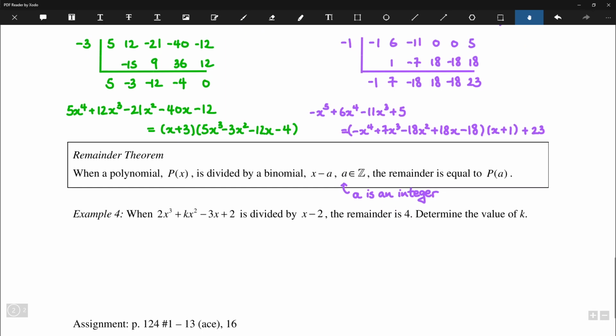So one quick example says here, example 4, when 2x cubed plus k x squared minus 3x plus 2 is divided by x minus 2, the remainder is 4. Determine the value of k. So using the remainder theorem, we're simply going to substitute 2 into the polynomial in question.